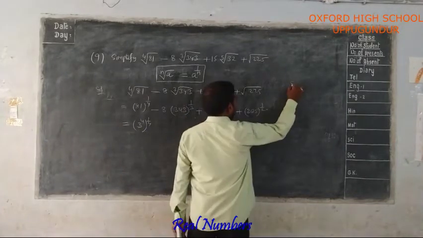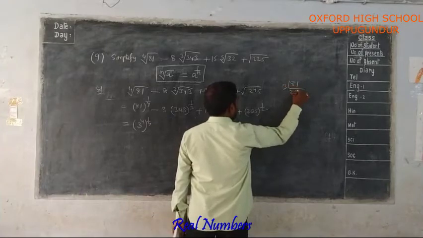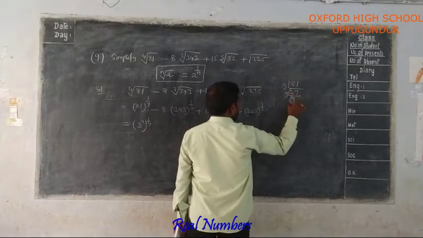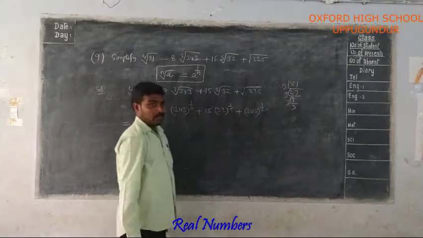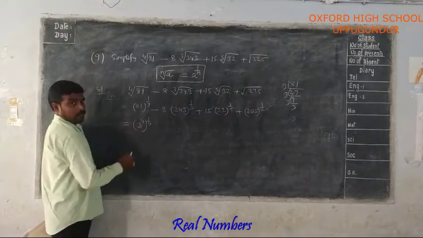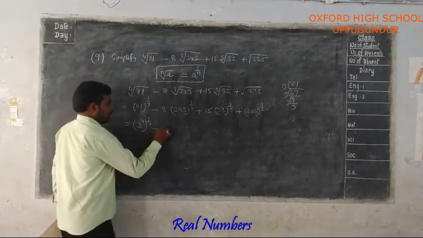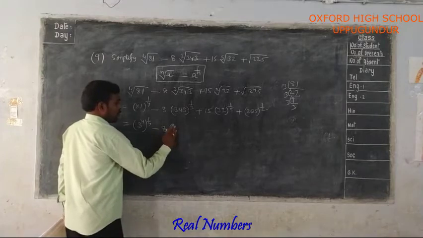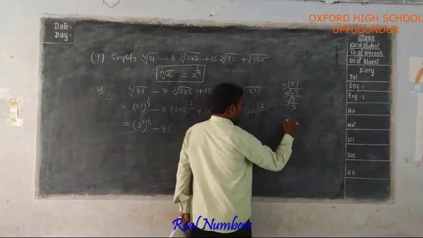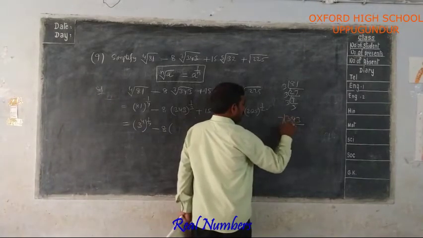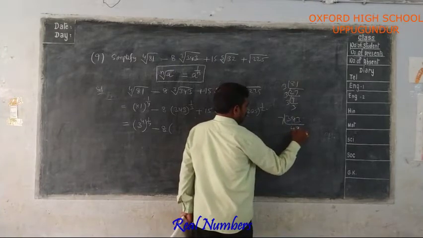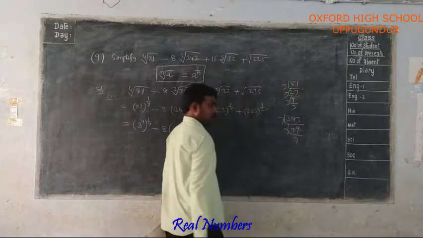So for 81 you can write the factorization like this: 3 27s, 3 9s, 3 3s. In this way you can write 81 as 3 power 4. Minus 8 into 343: it is divisible by 7. 7 4s are 28, 7 9s are 63, 7 7s are 49.